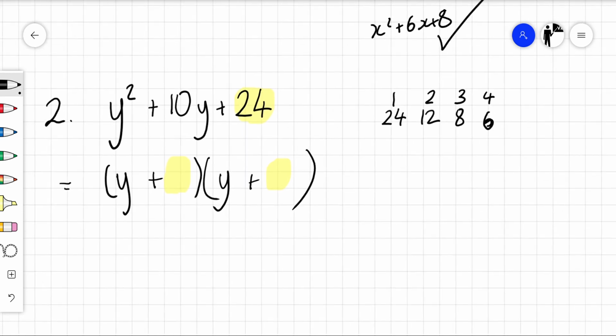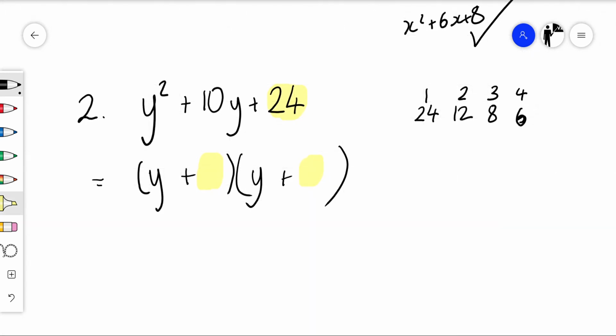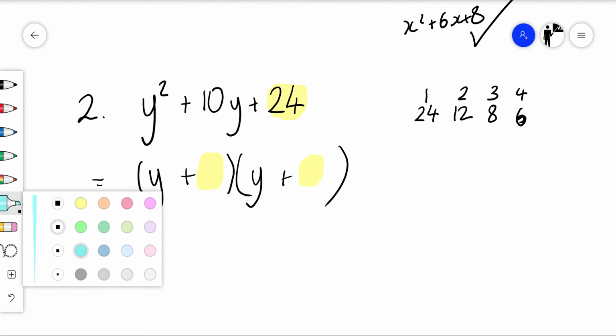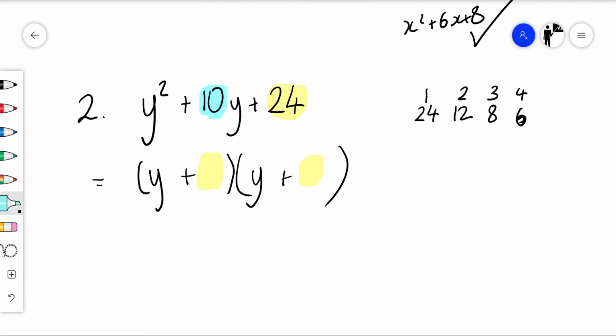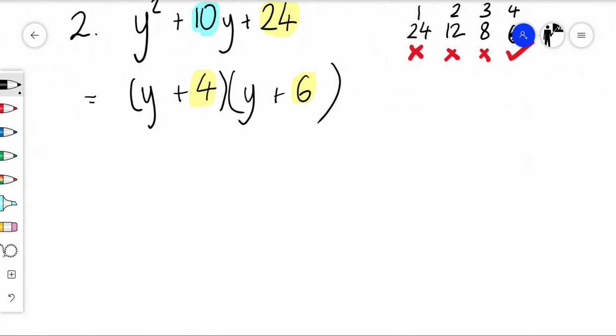So I've got 4 potential options that multiply to make 24, but remember, we also want to choose the option that adds to make 10. When we add these together, we don't get 10, we don't get 10, we don't get 10, we get 10. So our brackets are going to be y plus 4, y plus 6. And if we were to multiply that out, we would get back to our original question.